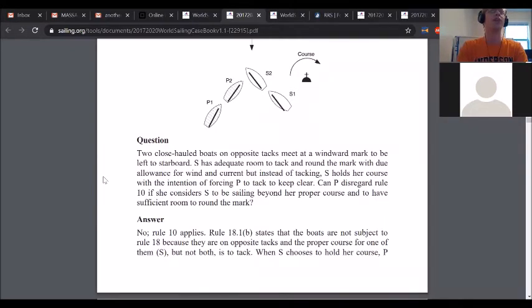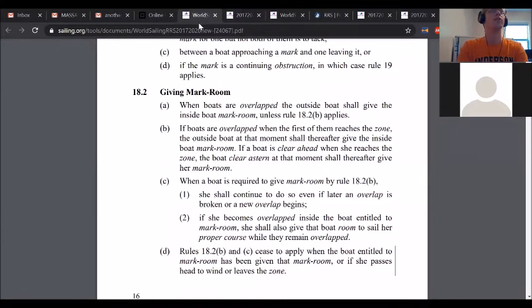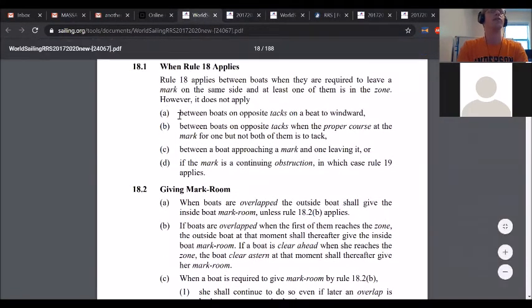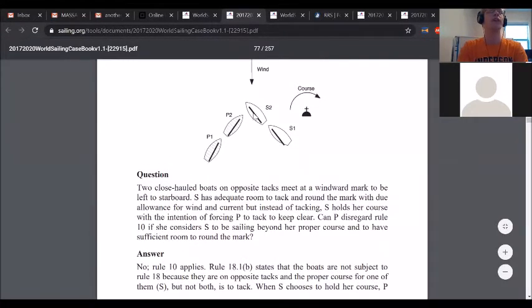This isn't a very complicated one. If we look at the rule, when does 18 apply? Here's our very first exception: between boats on opposite tacks and on a beat to windward, or our second exception: between boats on opposite tacks when the proper course at the mark for one but not both of them is to tack. Going back to our page here, this guy obviously has to tack to go around the mark. This guy does not. So Rule 18 does not apply.